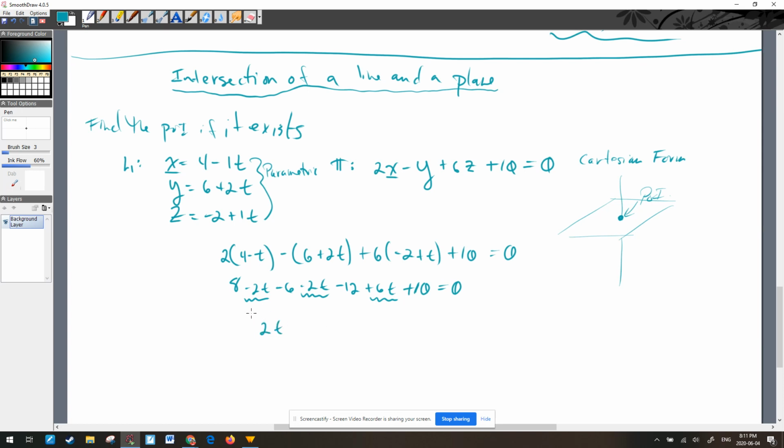So we're going to have 2t, and then 8 minus 6 is 2, minus 12. I've lost track. 2 minus 12 is negative 10. Negative 10 plus 10 is 0. So 2t, in theory, I can say plus 0 equals 0, and then the zeros are gone. I'm going to divide both sides by 2, and we find out that, in fact, t is equal to 0.